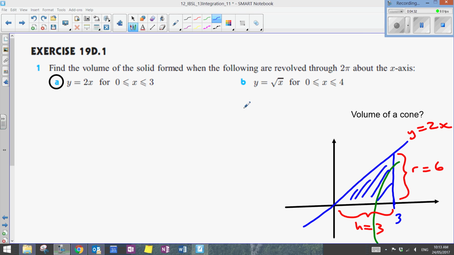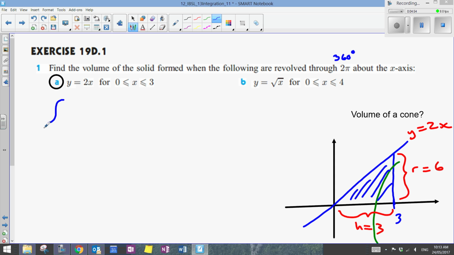Just to prove how this actually works, we're going to use two methods. We'll use integration, and then we'll also prove it from what we know about finding the volume of certain shapes. Find the volume of the solid formed when the following are revolved through 2 pi, in other words through 360 degrees, about the x-axis.